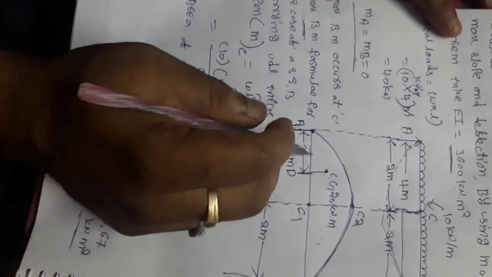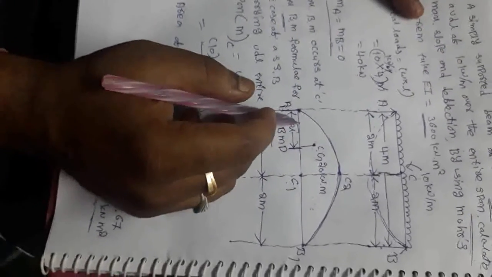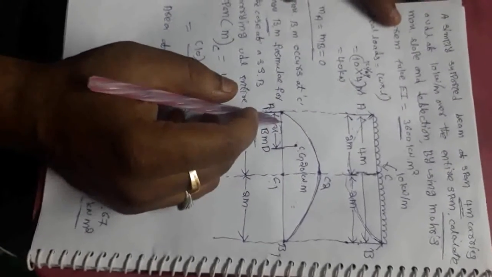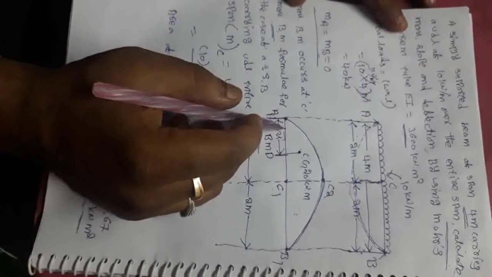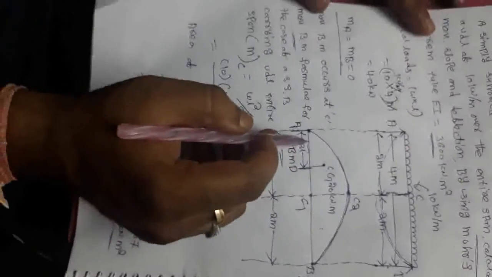Here, if you see a triangle shape, the centroid formula of triangle is 2 by 3 into L1, or 2 by 3 into L. But here you see a parabolic shape.